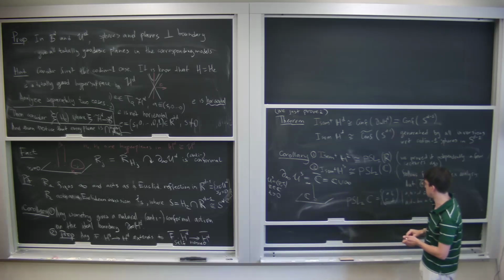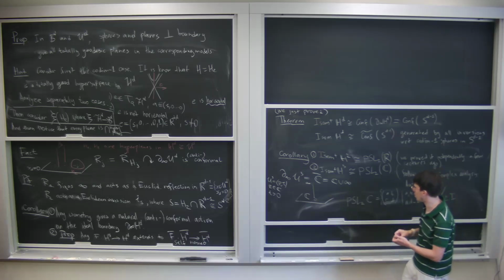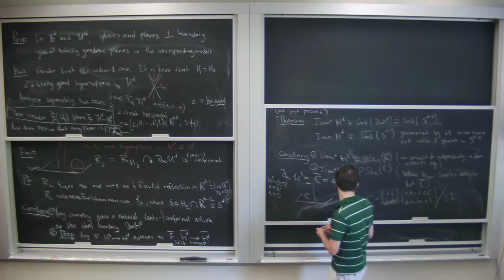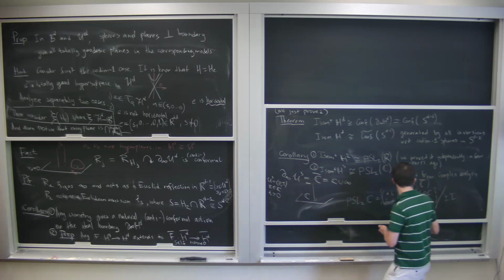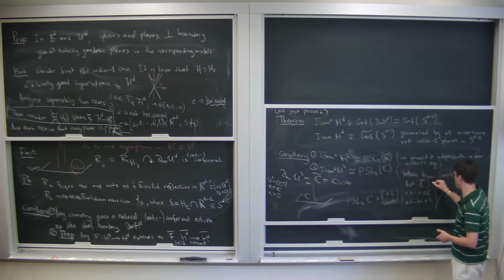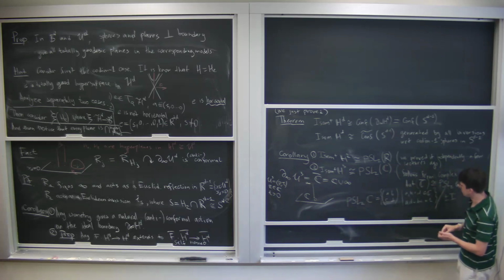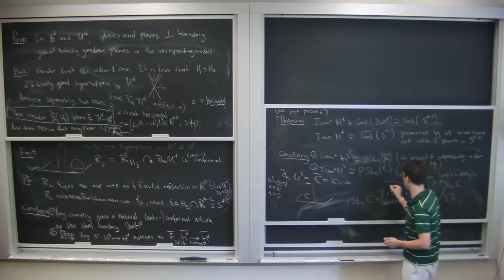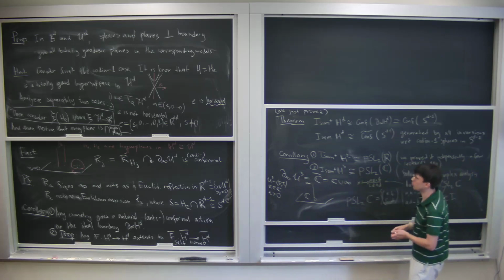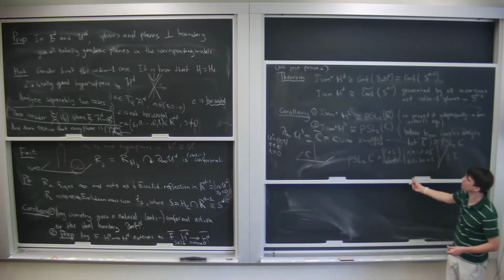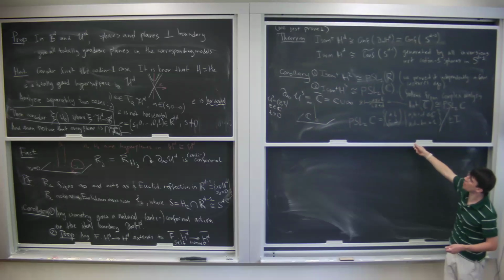And the action of PSL2(C) on the boundary is precisely by fractional linear transformations, right?